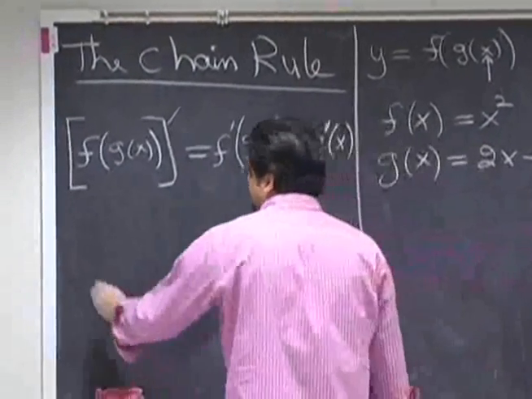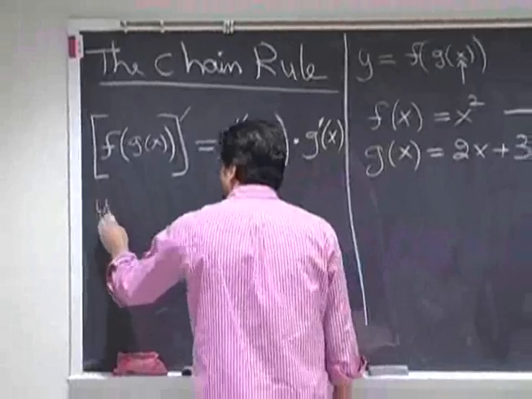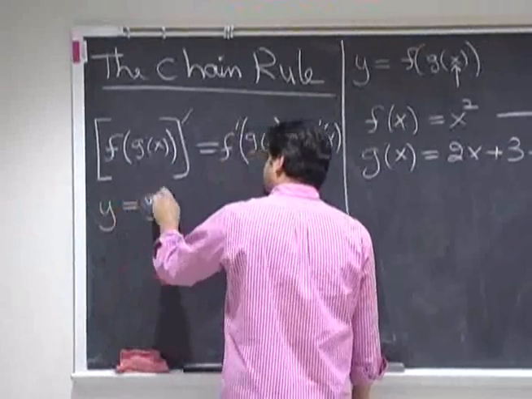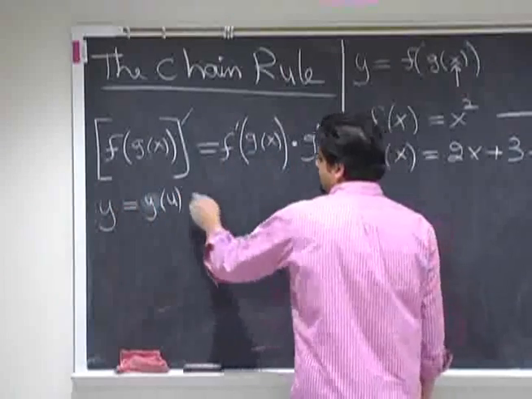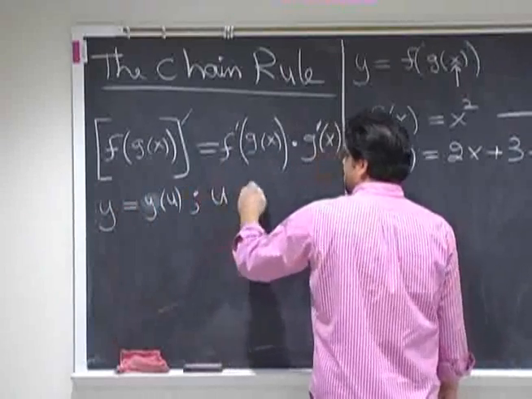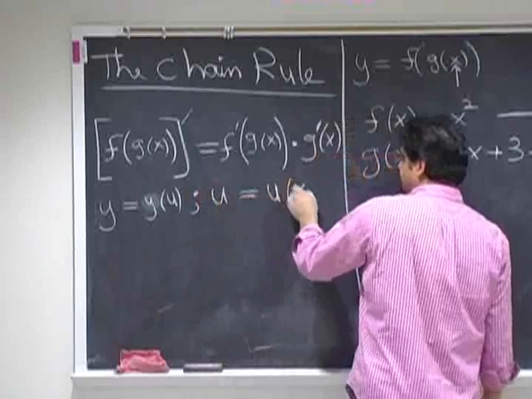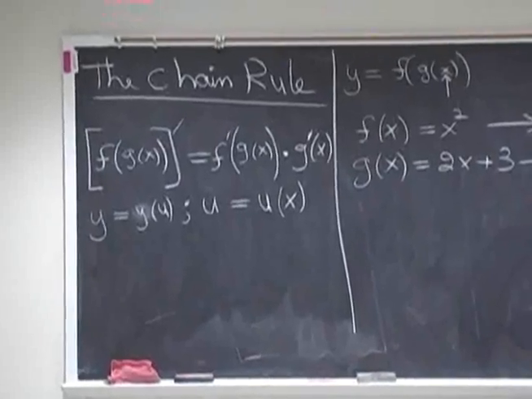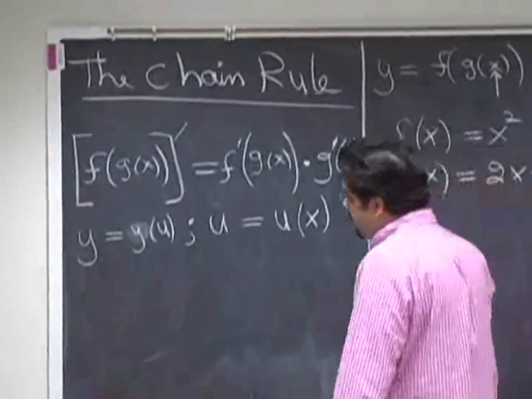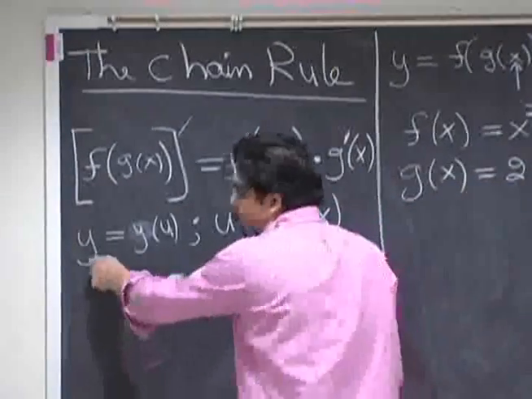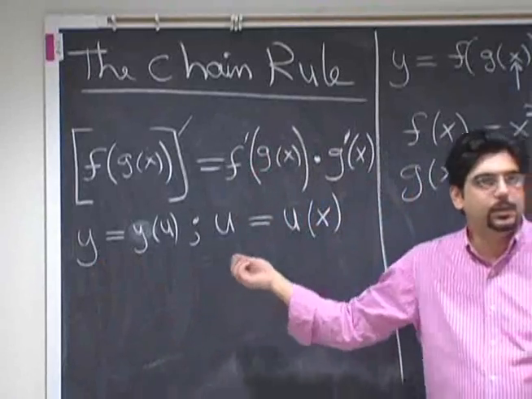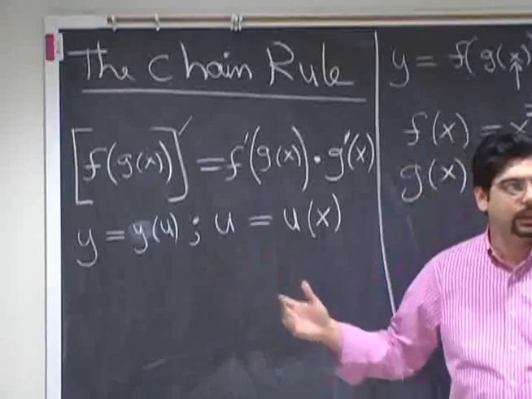Another way to look at it is like this. If I have y as a function of u, and then u in turn is a function of x. So y is a function of u is a function of x. Then y ultimately depends on what? X. Y depends on u depends on x, so y ultimately depends on x.